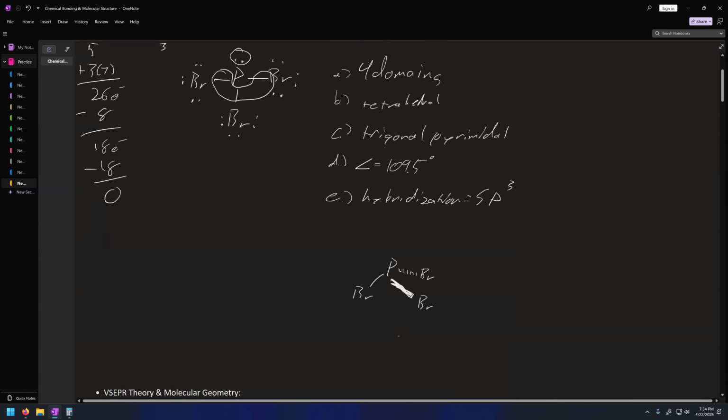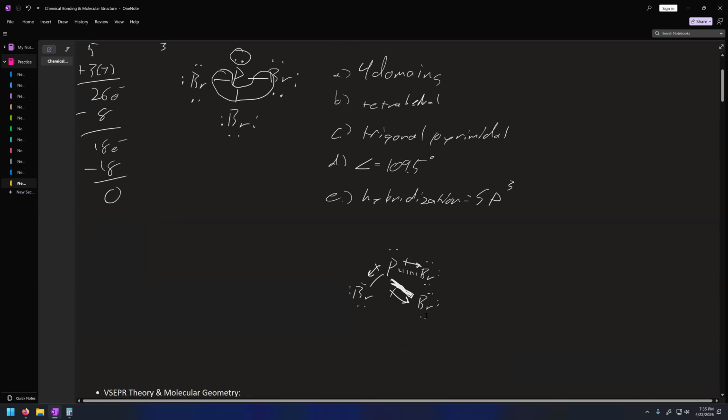And then the straight line is something that is perfectly in the plane of the page. Each of these bonds is polarized, probably towards the bromine. I don't know exactly off the top of my head, but bromine is a halogen, and halogens tend to be pretty electronegative. At the very least, I know it's not exactly the same as whatever phosphorus's electronegativity is.